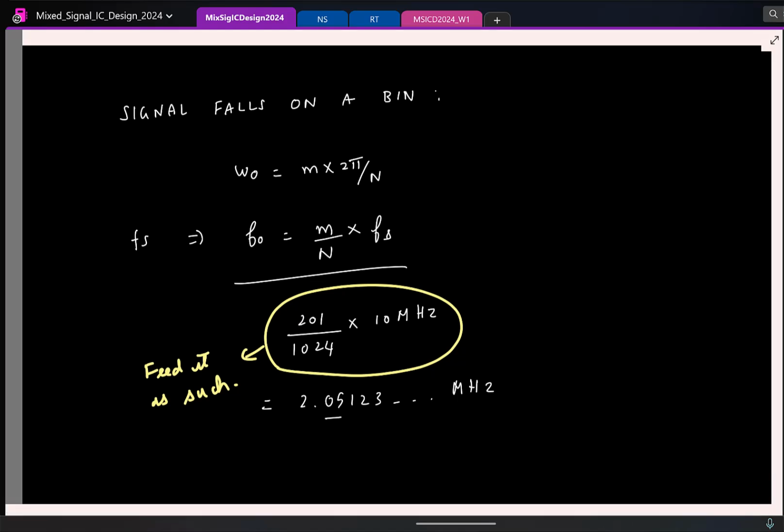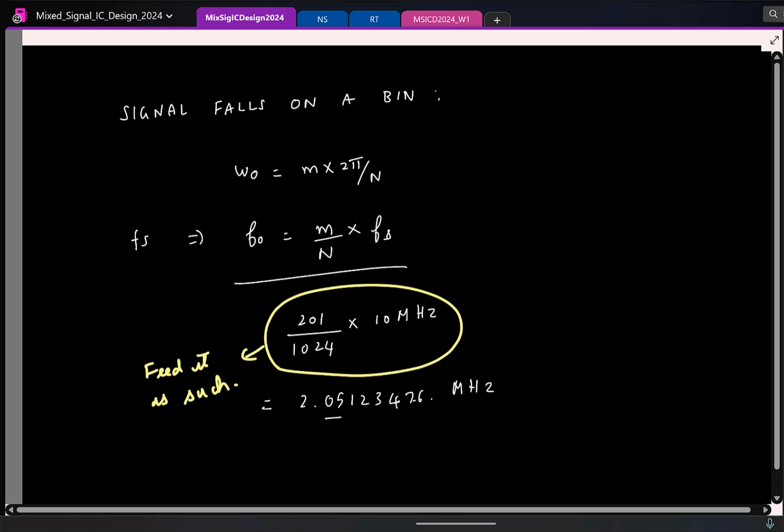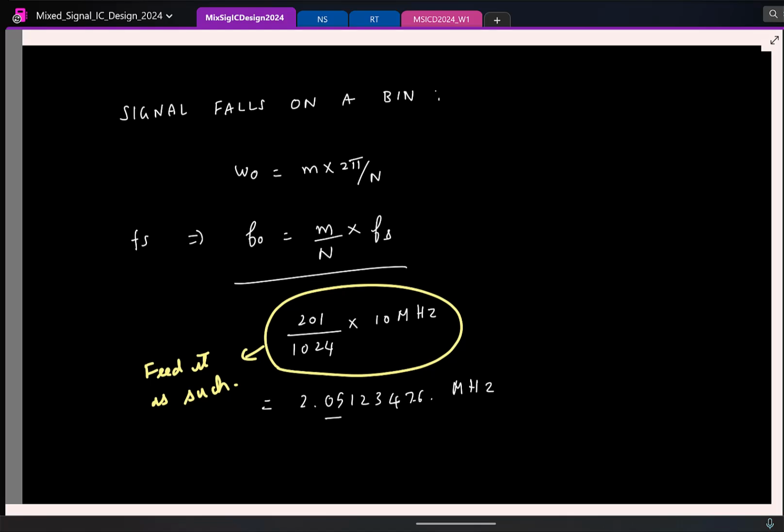But this is nice when you are simulating in a computer. If you are actually going and measuring it, let us say the frequency turns out to be like 2.05123476 something. You obviously cannot feed in a sinusoid with this much precision. You will have practical limitations. So although you want the frequency to fall on a bin, because of the practical limitations, it might end up not actually being so.